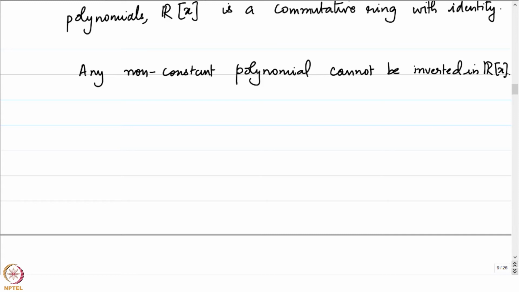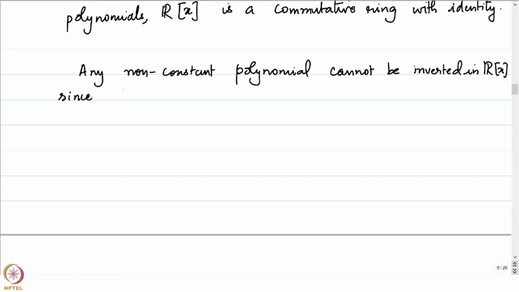So if you want an inverse, for a polynomial p there should exist a q such that p of x times q of x is the constant polynomial 1. The constant polynomial 1 has degree 0. However, if p has degree greater than 0, then the degree of p(x) times q(x) will always be greater than or equal to 1, and hence it cannot ever be a constant polynomial. So let me just note that down.